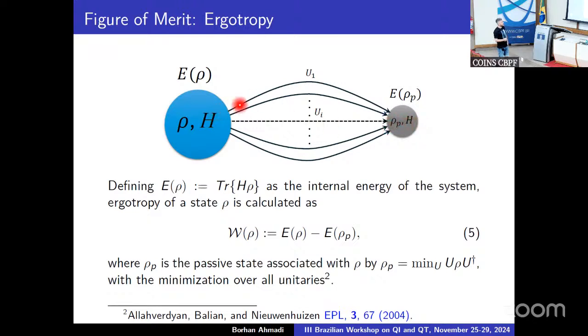So the process is cyclic in terms of Hamiltonian. So the unitary that takes the system to a state with the minimum energy defines the ergotropy. So ergotropy is the maximum energy that I can extract in the form of work in a cyclic Hamiltonian process.